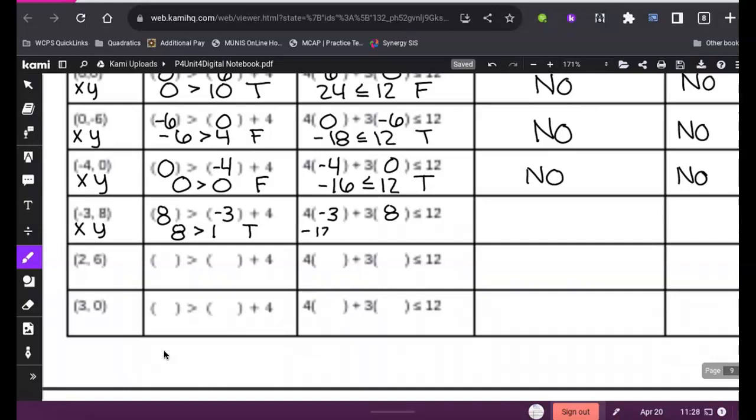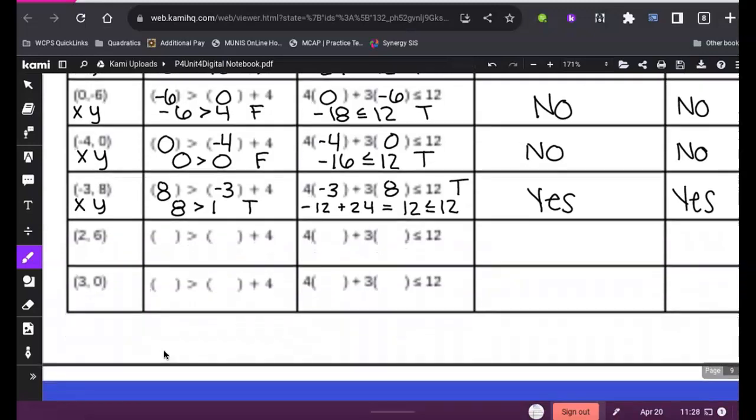So that's negative 12 plus 24, that's equal to 12. 12 is less than or equal to 12 because it says equal to. So this one is also true. So it satisfies both of the inequalities, yes, which means it is a solution. So when we get 2 truths, yes, it satisfies both, and yes, it is a solution.